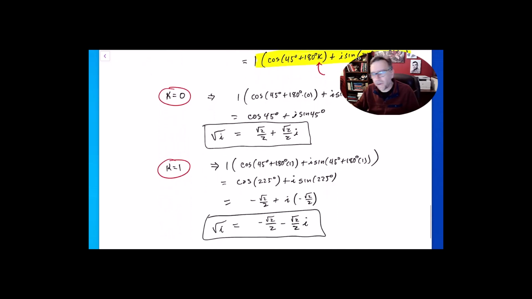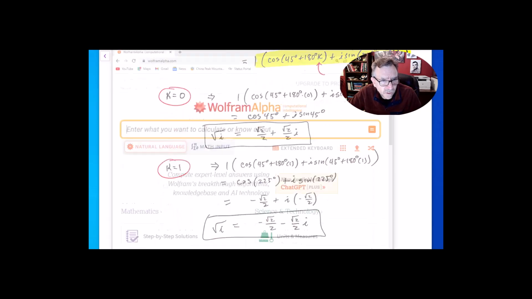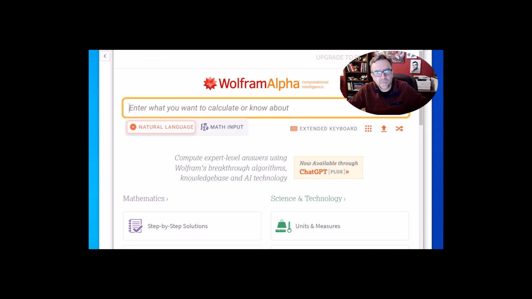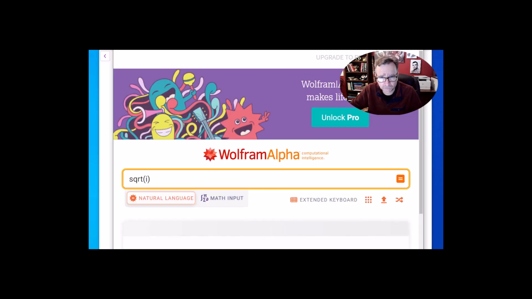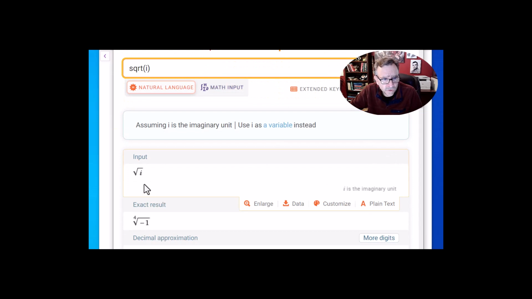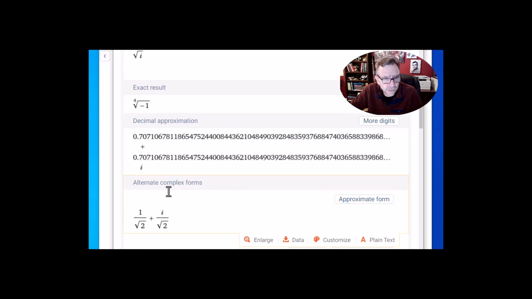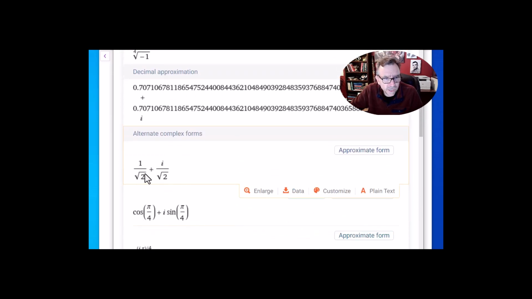All right, so what you can do is go to Wolfram Alpha and check your answer. That's what I'm going to do now. I'm just going to type in sqrt of I, hit enter. When I scroll, it gives me a bunch of junk there. So here's one answer.